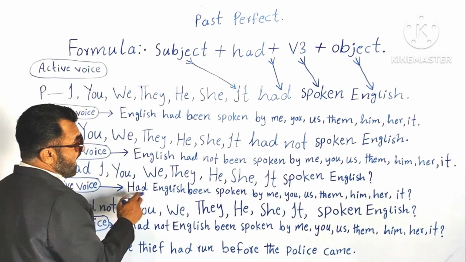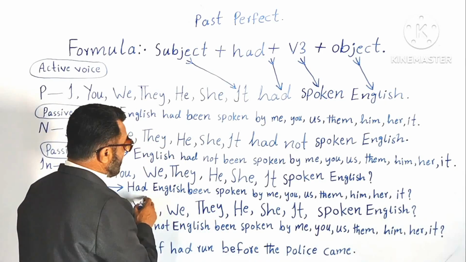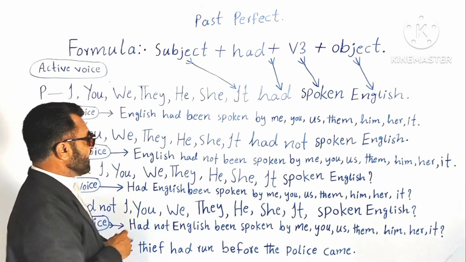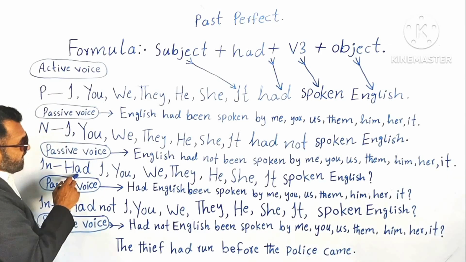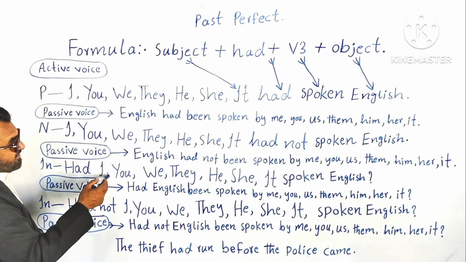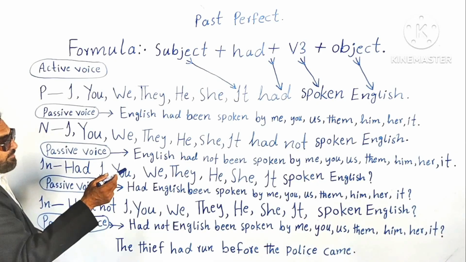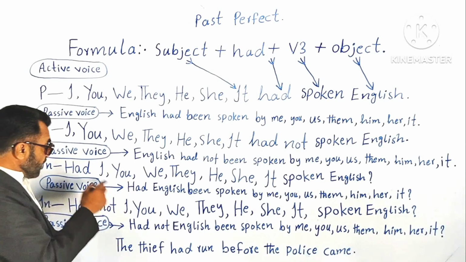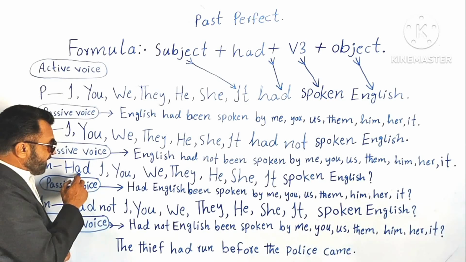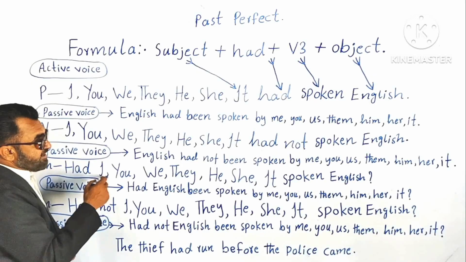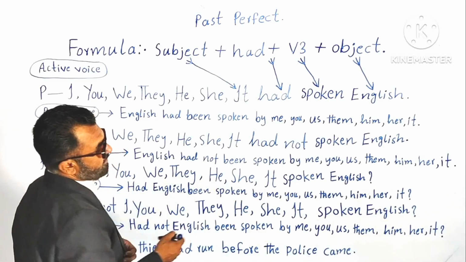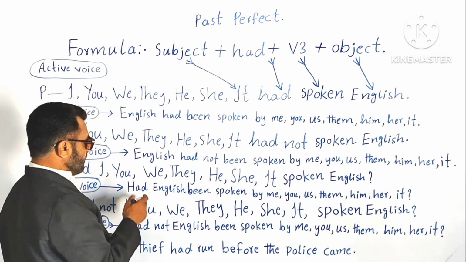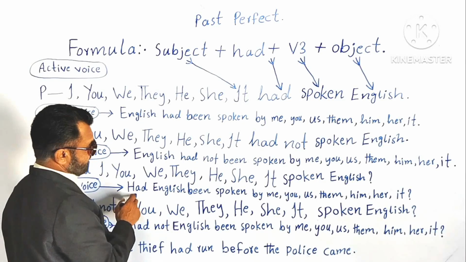That is, had English been spoken? You see, first of all, in interrogative sentences, you have to put the helping verb before, then after that you have to put the subject, then your main verb, then your object. Understood? So here, the same thing applies.